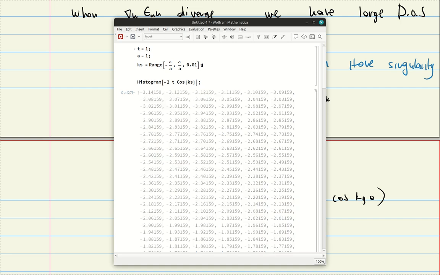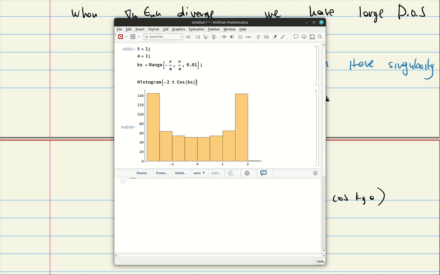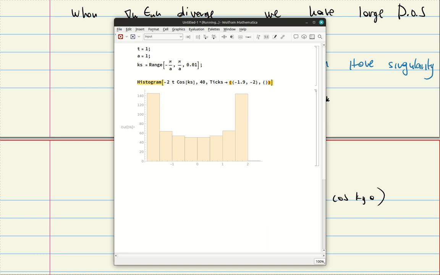Oh, I think yes, you are right. So this, right? That's what you said. I see. Now I need to uncomment this. Okay, something like that. Let me increase this to 40 points and put some ticks for you to see where they are. Minus 1.9, minus 2, and the second ticks, I don't care.